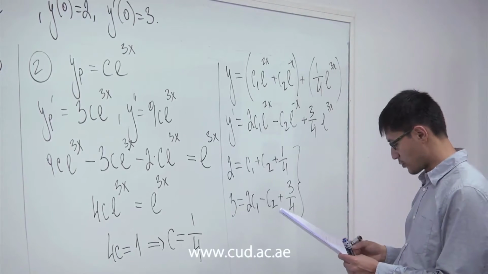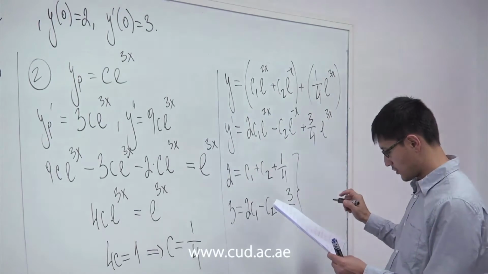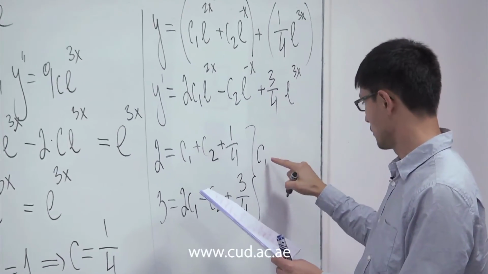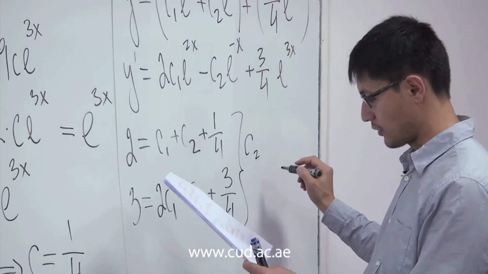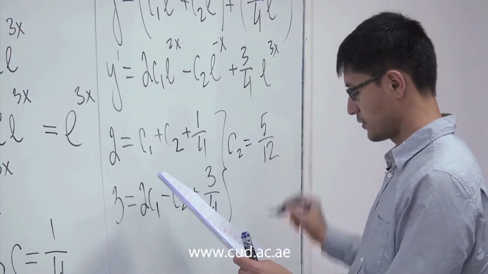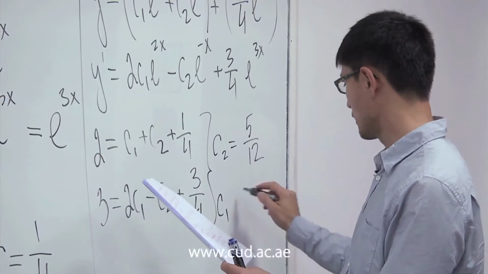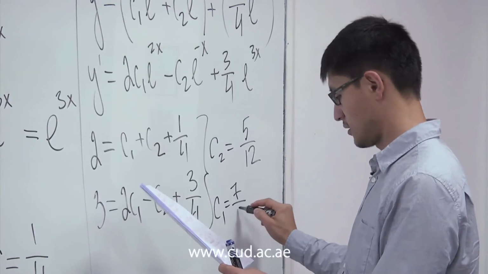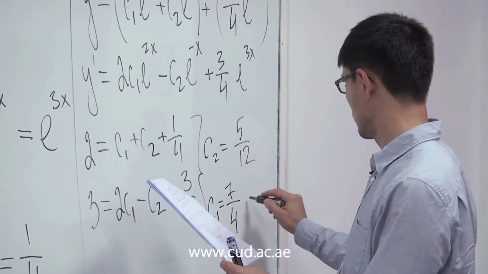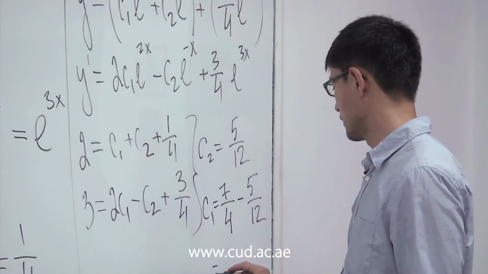So that's just algebra, and I hope you can do it. I'll just give you the final answer. I guess in my notes I start with c2. c2 is 5 over 12. And c1 is 7 over 4 minus 5 over 12.